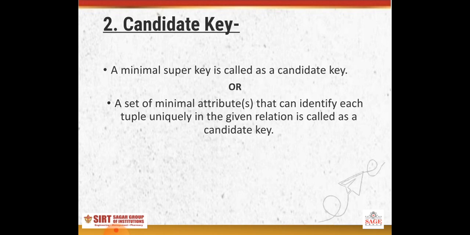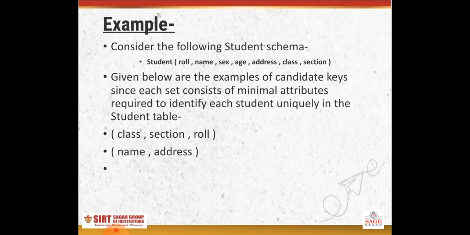Then comes candidate key. In a super key, a minimal possible super key is known as a candidate key. Or we can say that a minimal set of attributes that can identify each tuple uniquely in a given relation is known as a candidate key. Here, consider the same schema. Given below are the examples of candidate key.